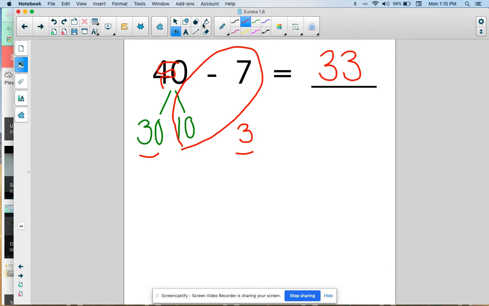And let me show you what I mean really quick. A lot of times the kids will get really confused with this 3 and they'll want to say 30 minus 3, which is why I kind of circled the subtraction sign in here. This whole part is 10. 1, 2, 3, 4, 5, 10. If I take away 7, I'm left with 3.